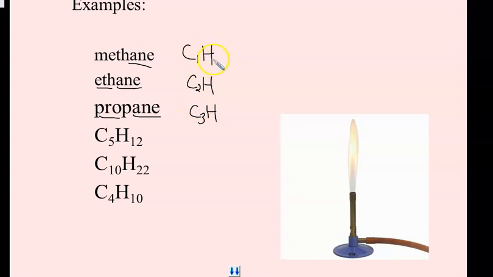To figure out the number of hydrogens, you're going to take the number of carbons times 2 plus 2. So for this one, 1 times 2 plus 2. So 2 plus 2 is 4. So methane is CH4. The ones we don't write; you may write the one if you like.